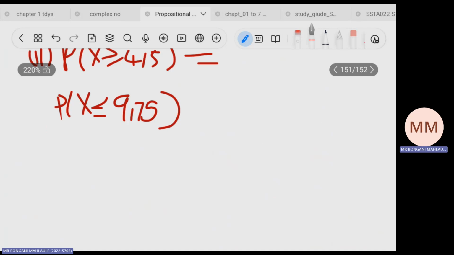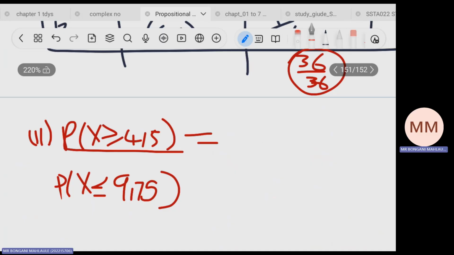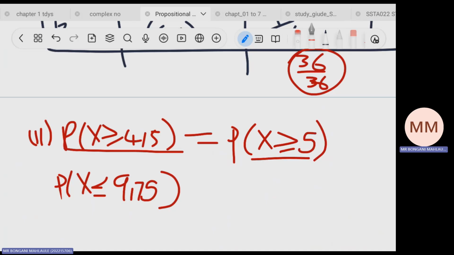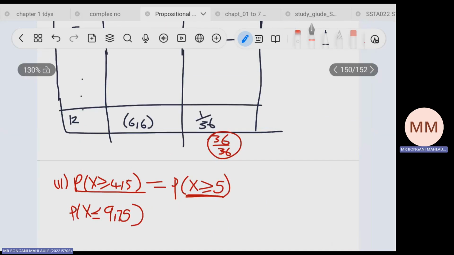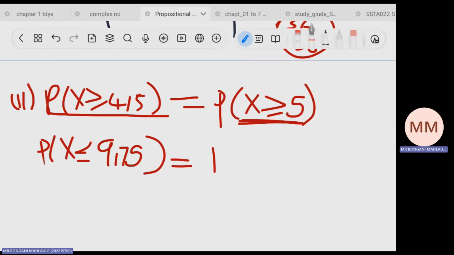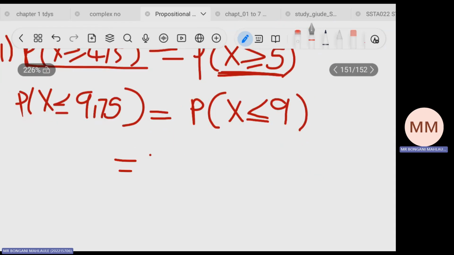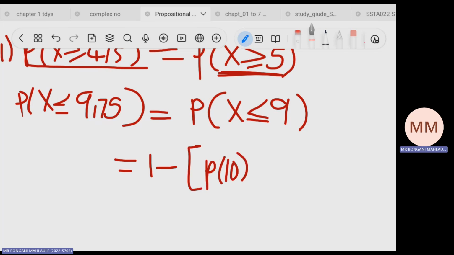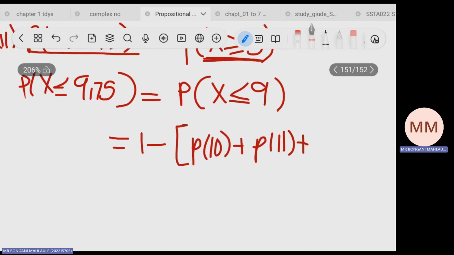Yeah, so obviously this is the same as checking the probability when X is greater or equal to 5, the values that when you add, they're greater than 5. So you'll check this one, and this one will be equal to the probability of X when it's less or equal to 9. So this will be equal to 1 minus the probability of being 10, probability of being 11, plus probability of getting a 12.